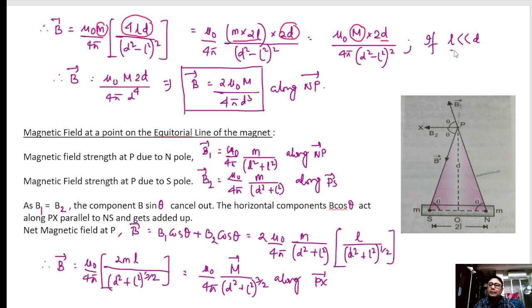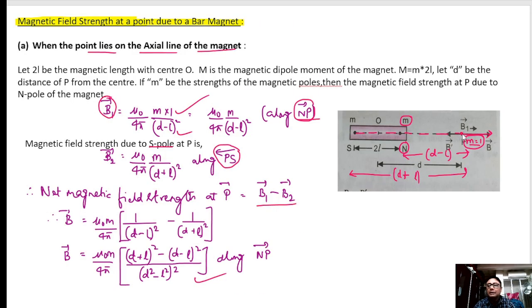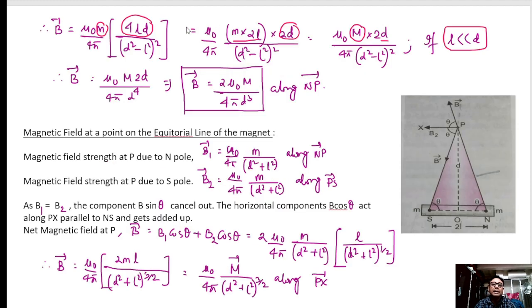So if your L is very less than D, as you can see, this is the D, this is the D, and this is the 2L, we can neglect the L part from here. So it will become D to the power 4 in the denominator. So this is the formula along NP.